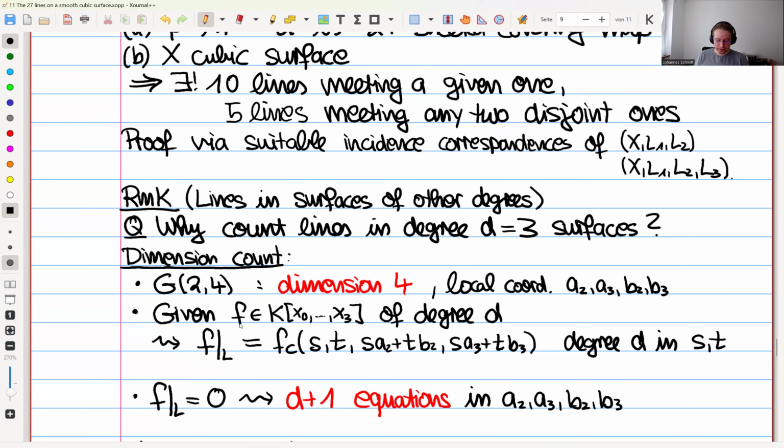And then let's say you had a degree d equation in here, then this cuts out some degree d surface inside P3.